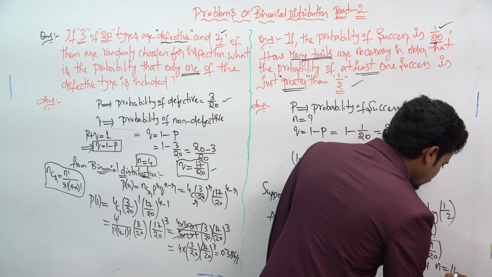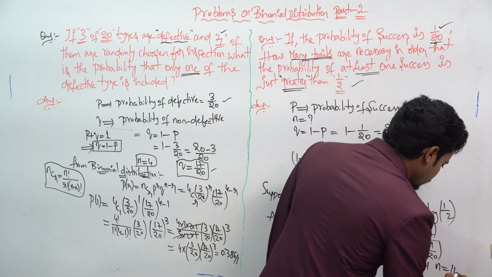So the question. What they have asked: in 8 throws of a dice, 5 or 6 is considered as success.